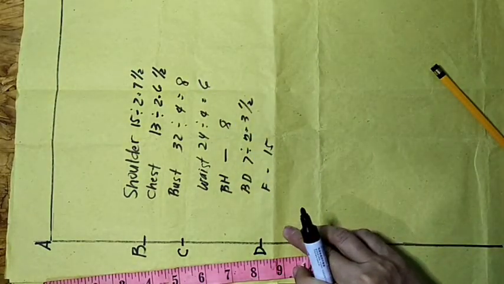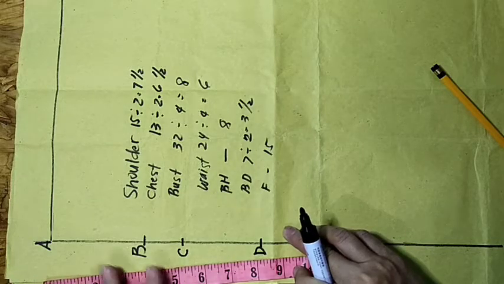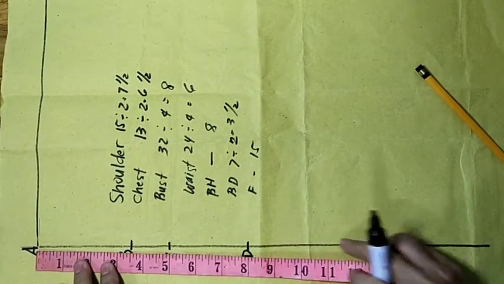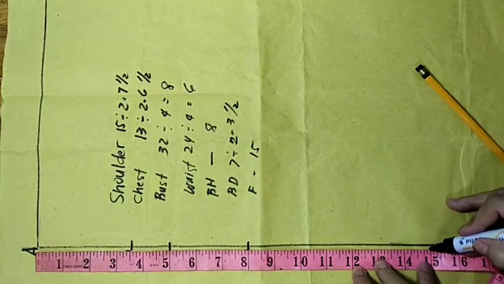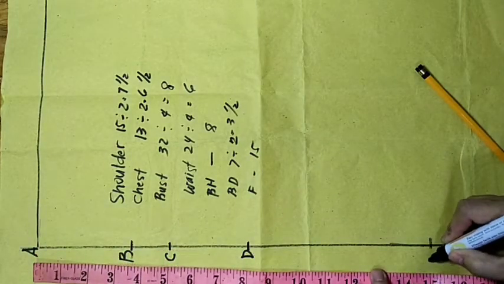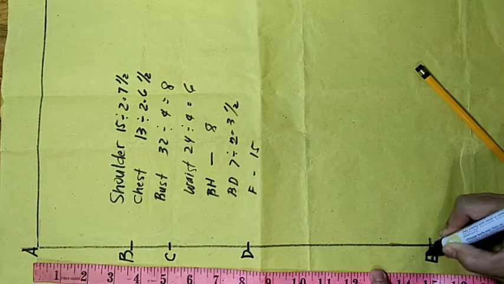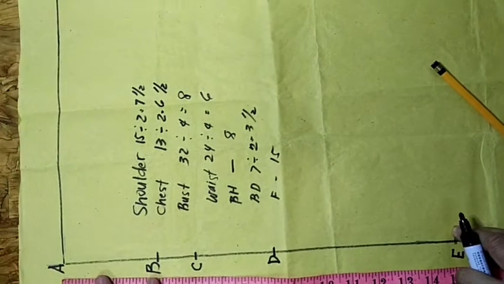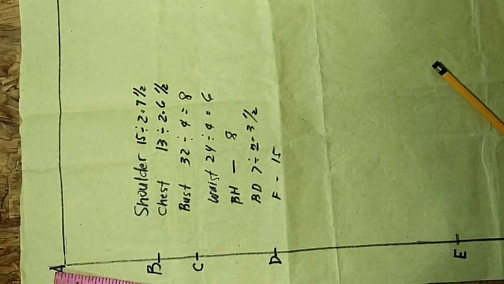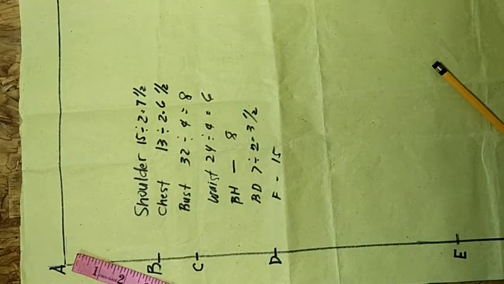Next, from point A to E, use your figure measurement, 15. This is point E. Next procedure, you draw a perpendicular line or draw horizontal line.